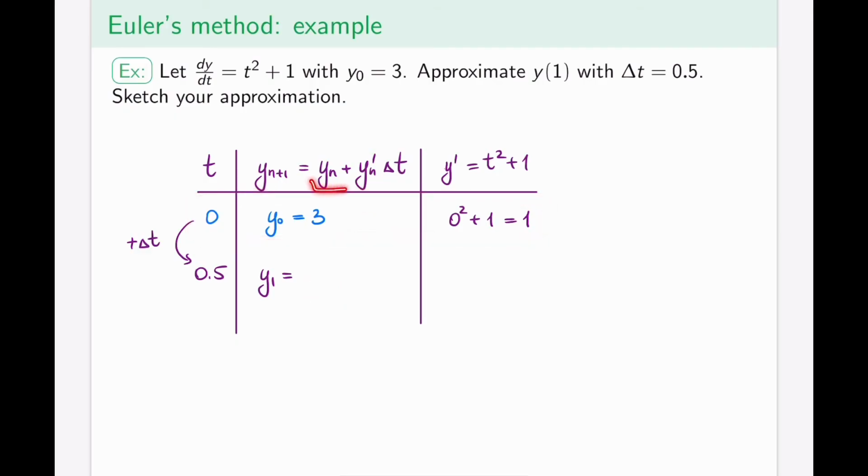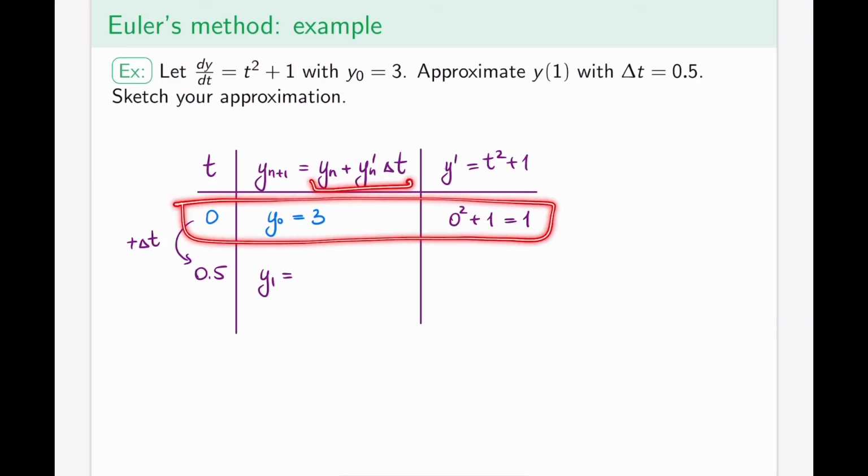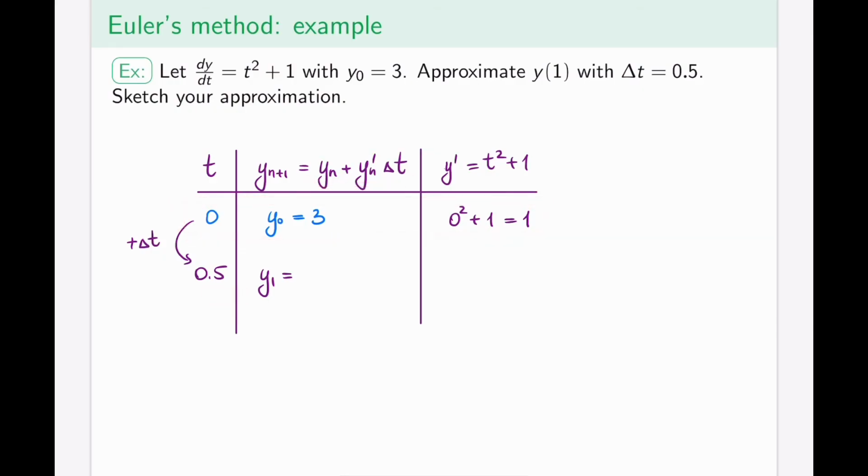Okay, so I'm going to be using this formula, but all the information from the row above the one that I'm currently filling out. So this is saying it's yn, which is the previous one, so 3, plus the slope at the previous step, which is 1, times the step size, which is always fixed at 0.5 as given in the actual approximation.